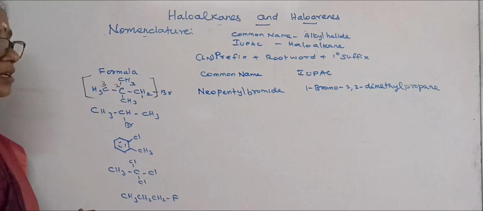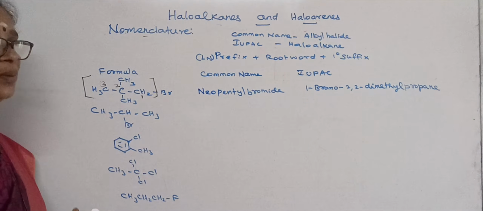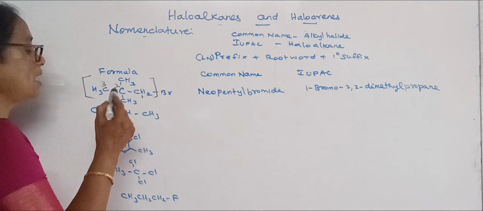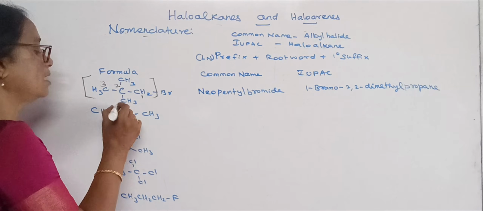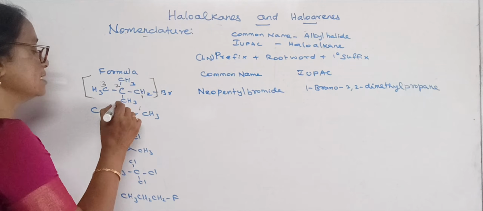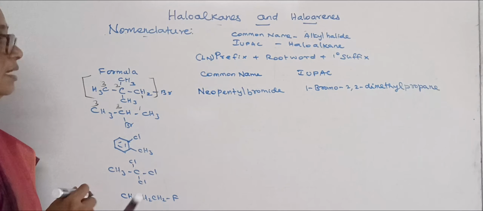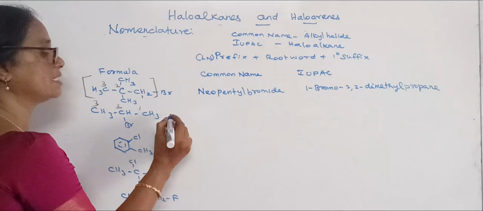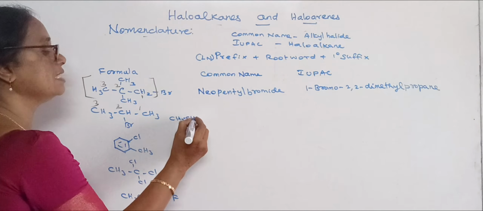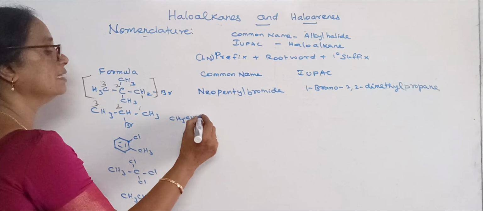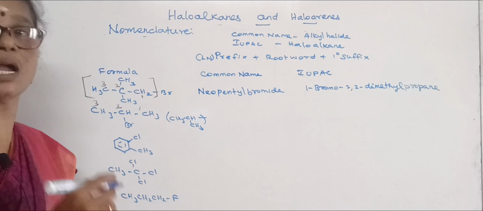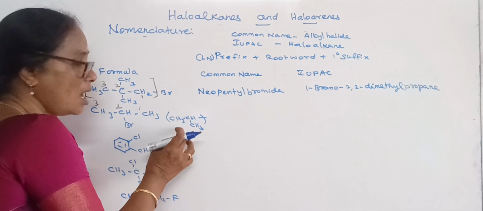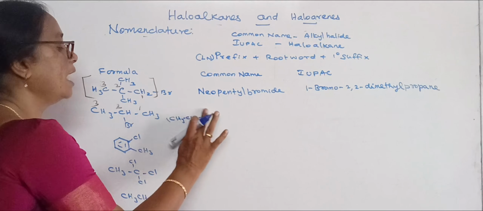And the next one, I have only 3 carbons but the bromine occupies the position of the second carbon. So this is 1, this is 2 and this is 3. Here it is the isopropyl structure, CH3, CH, CH3. This structure is observed as iso, with 3 carbons.